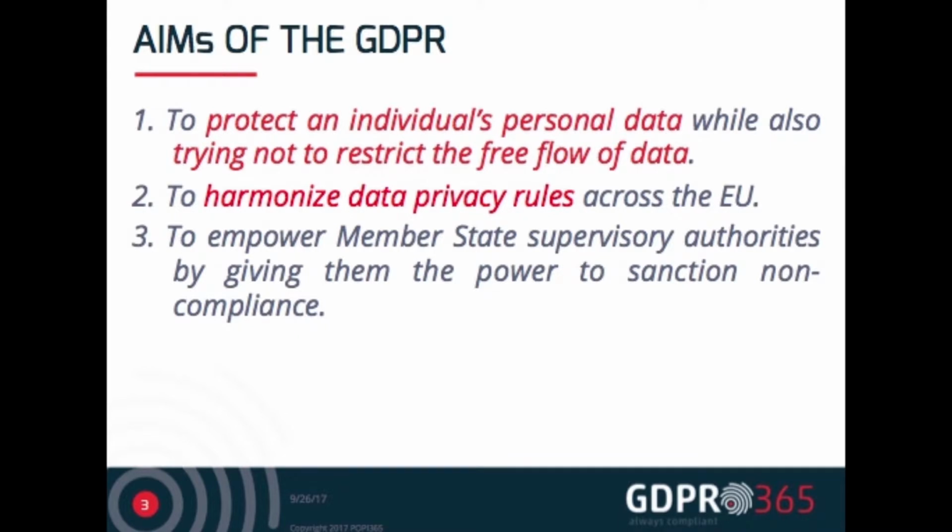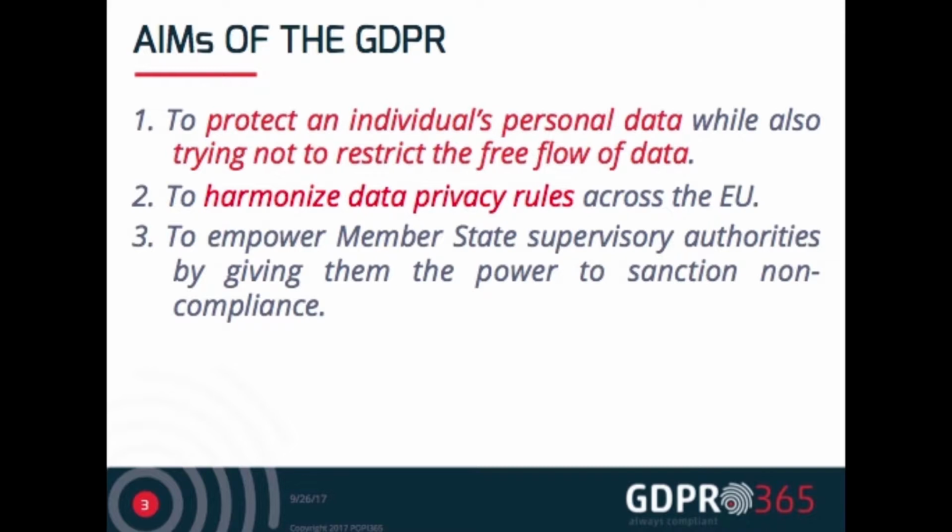So what was the Commission trying to do with the General Data Protection Regulation? It was trying to do three things. It was trying to create a regulation that protected individuals' personal data, individuals being EU citizens and EU residents, but it wanted to do that without restricting the free flow of data.